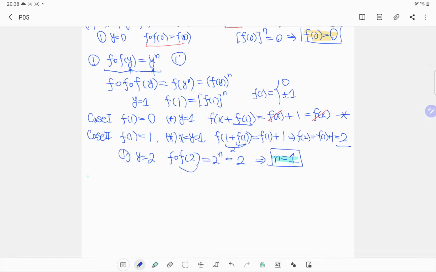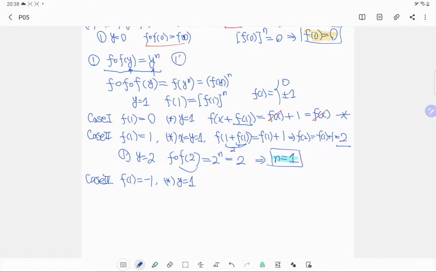For the third case, f of 1 is negative 1. So in the original equation, we plug in y equals 1.